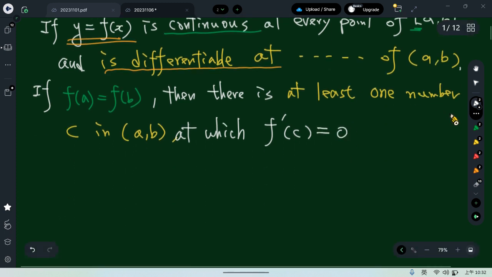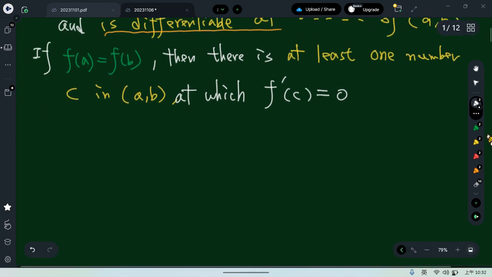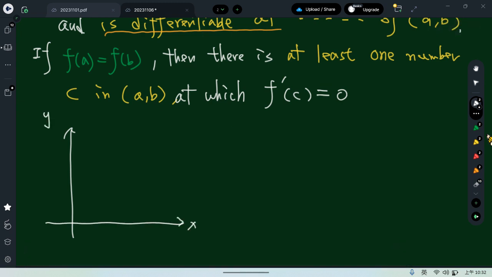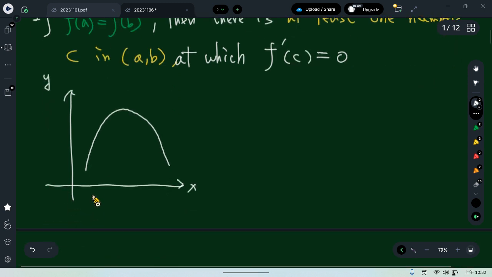So maybe I can give you a picture or a figure to make it more impressive. Okay, so the idea is just like this: if there is a function y, this is a continuous function. So climbing up, then climbing down, or maybe possibly climbing down and climbing up.